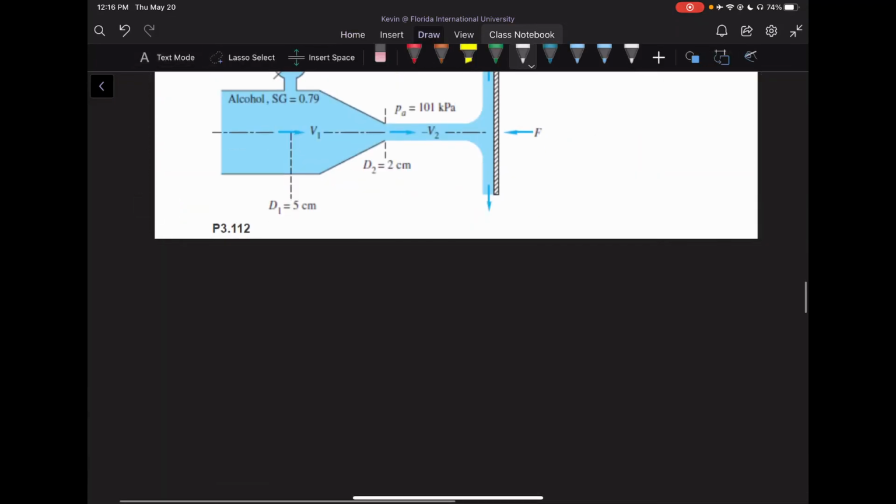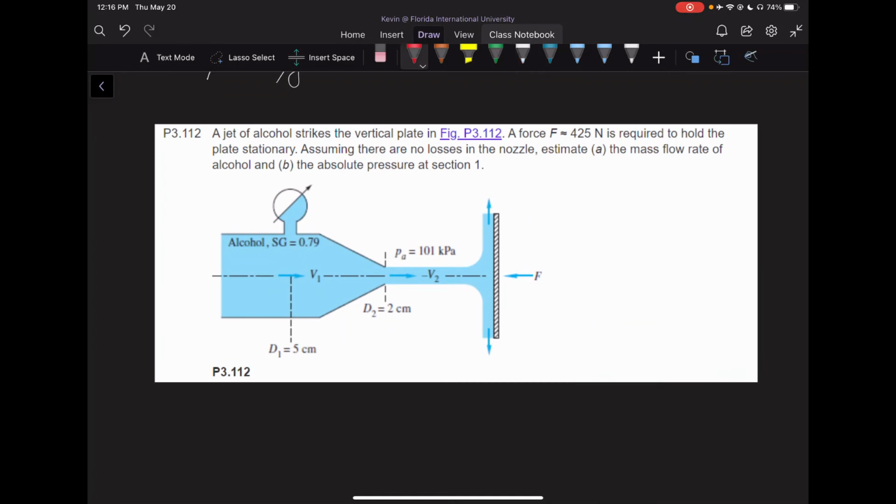We know that along the streamline, which is in the middle of our diagram, if we look at our system from 1 to 2, and we take this as z equal to 0, point 1 and point 2 along the streamline are at the same height.